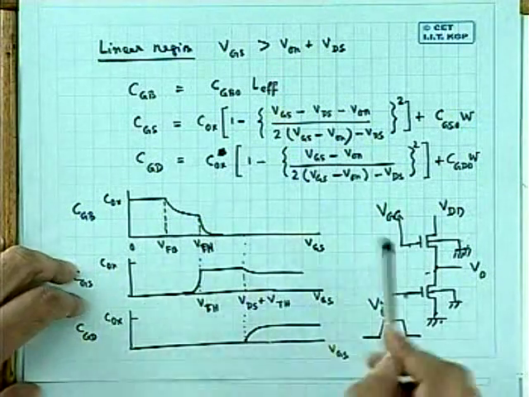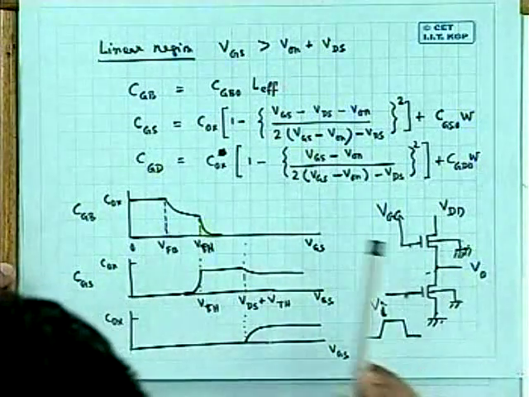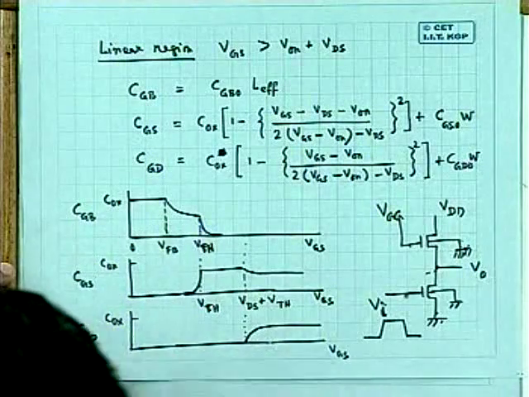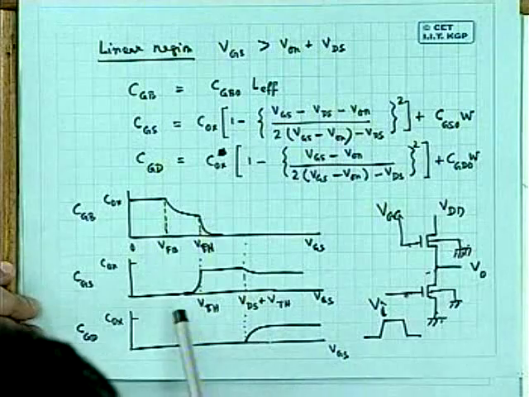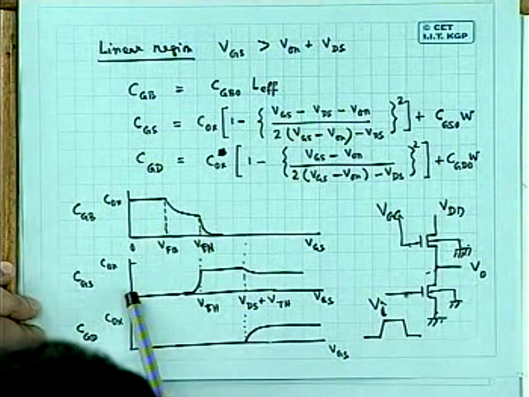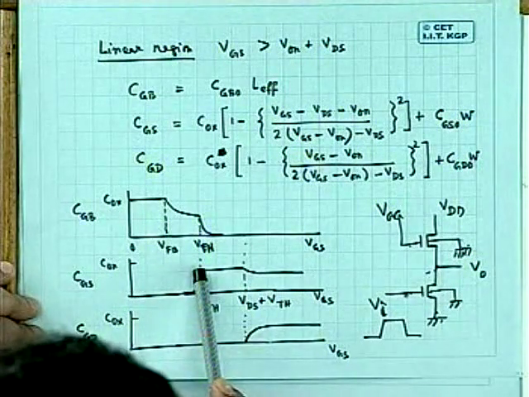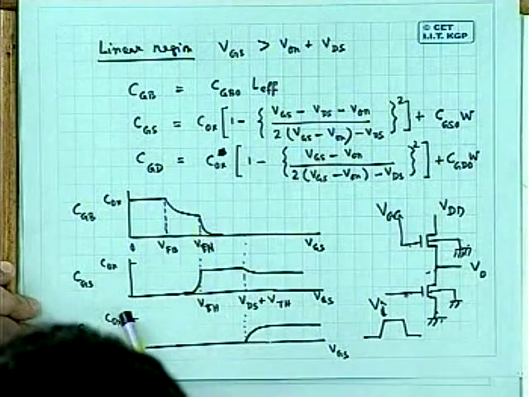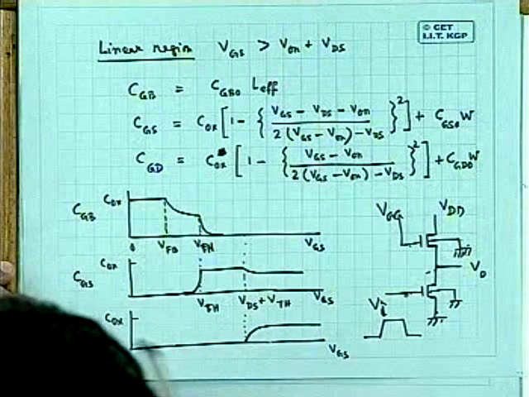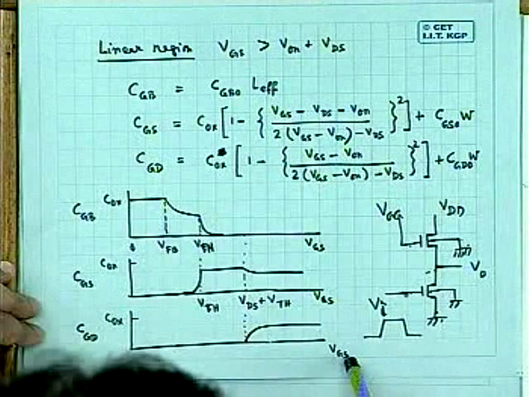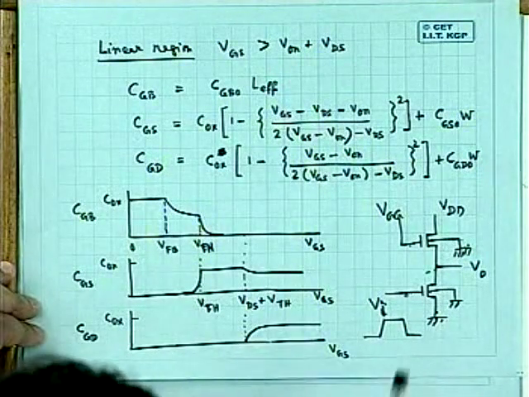If you take all of them into account and plot the three capacitances against VGS, they look like this roughly. Here, of course, we are saying 0. It is not 0 for a small value, close to COX. Like so, with respect to COX, the variation of CGB, CGS, and CGD against VGS are shown.